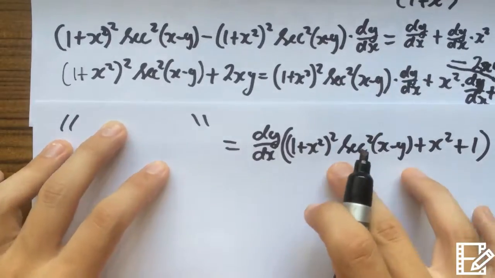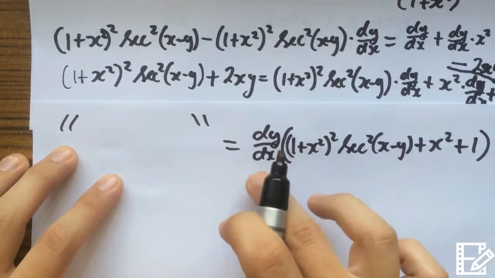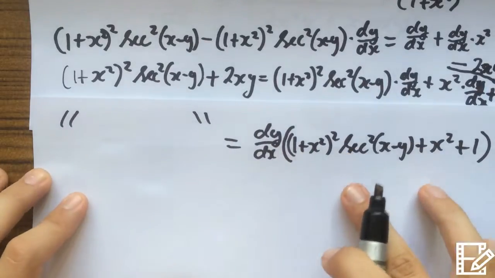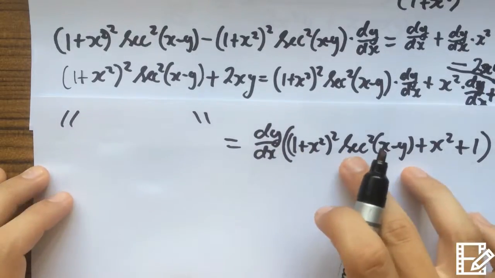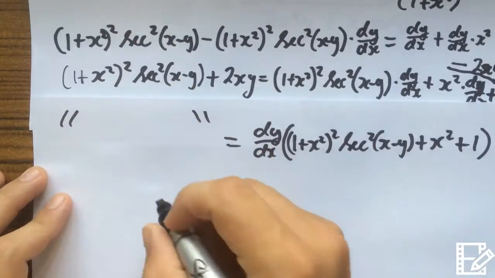Okay, now we have this. This is on this side. What we're going to do to get dy dx on its own is divide both sides by this value, which will essentially bring it under this value.